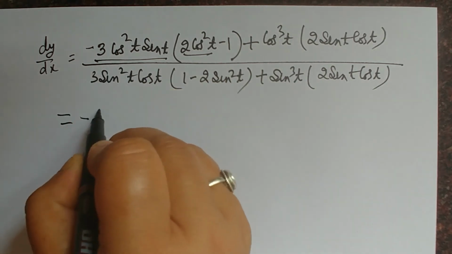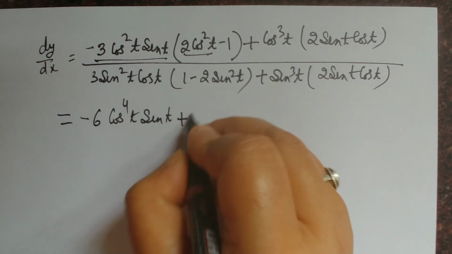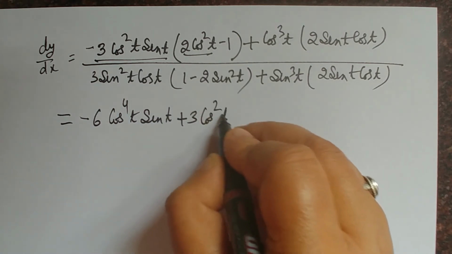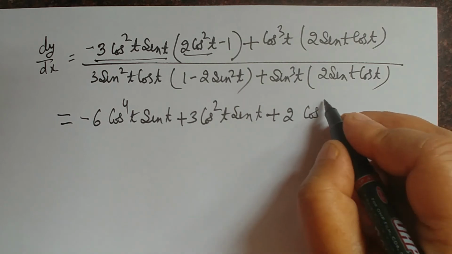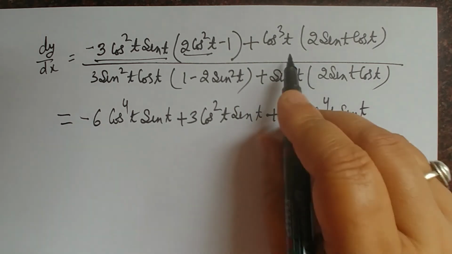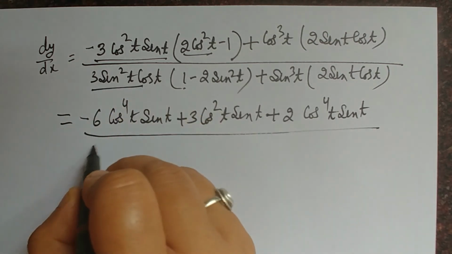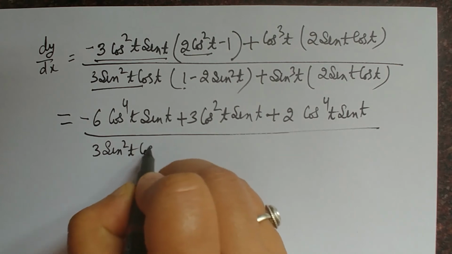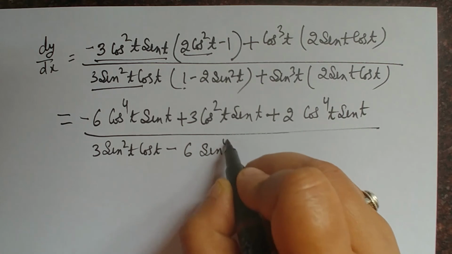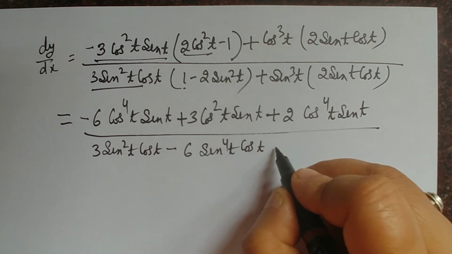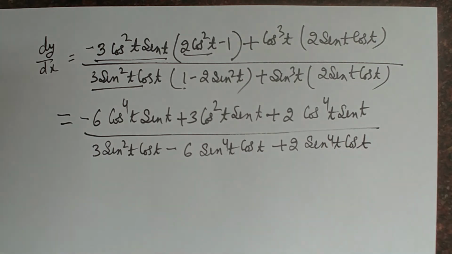So it is minus 6 cos 4t sin t plus 3 cos square t sin t plus 2 cos 4t sin t. Okay, the denominator becomes, see, this with this, 3 sin square t cos t. Okay, minus 6 sin 4t cos t plus 2 sin 4t cos t.